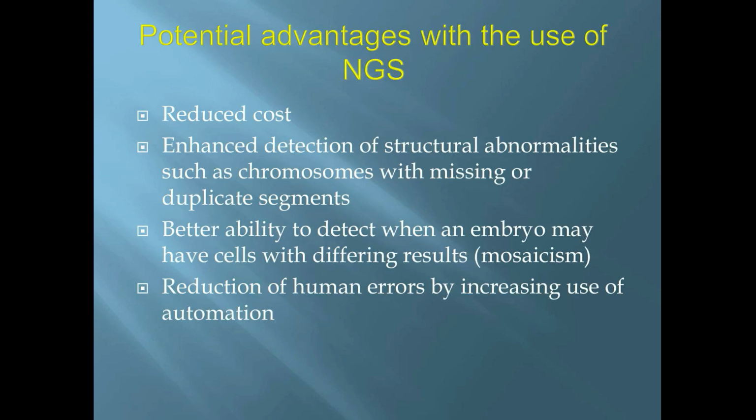What are its potential advantages? Reduced cost, enhanced detection of structural abnormalities such as chromosomes with missing or duplicate segments, better ability to detect when an embryo may have cells with different results, that's to say a mosaic baby, or reduction of human errors by increasing use of automation.